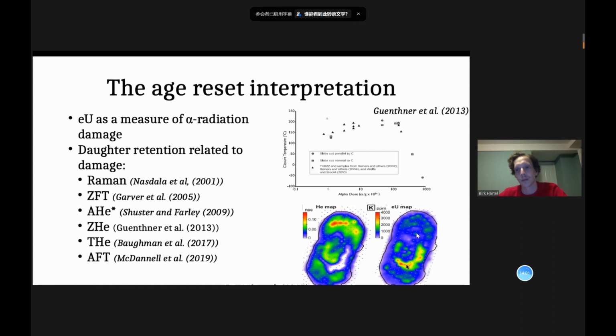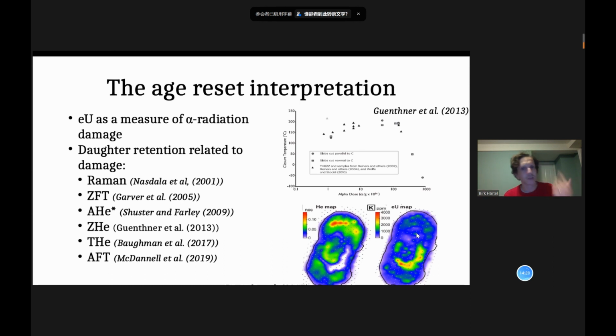In this zone, where we have very high effective uranium and probably the highest radiation damage within that grain, it was not possible to find any helium. The helium content was very little. We can also interpret this in terms of the strong radiation damage within the grain, making the helium escape from the grain.